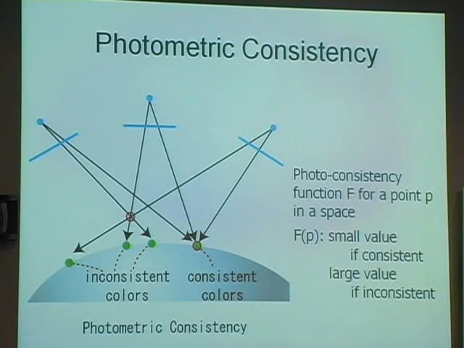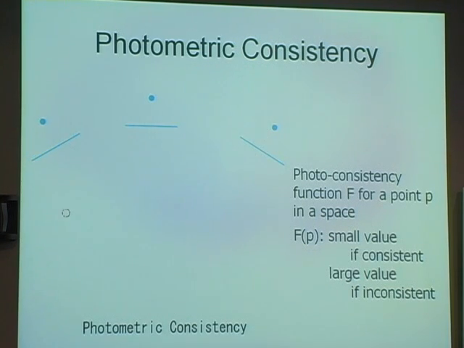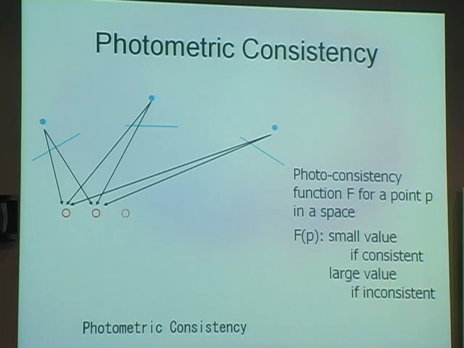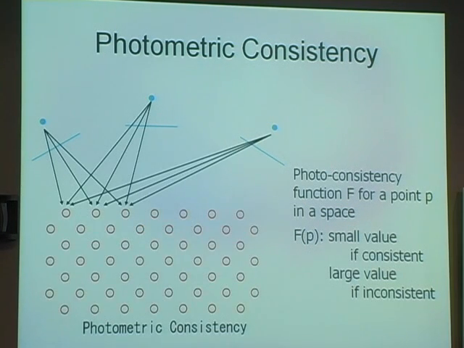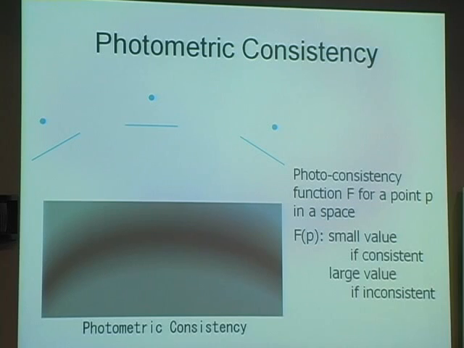For example, by computing the variance of the pixel colors of these image projections, we expect that the function value should be small for this 3D coordinate, but high for that 3D coordinate. So what we can do is sample points in 3D space and evaluate the function value. We should expect smaller values at points actually on the surface of an object, and higher values in other places. Essentially, our problem is to evaluate this function in 3D space and find a 2D surface where this function value is small. I hope this makes sense.